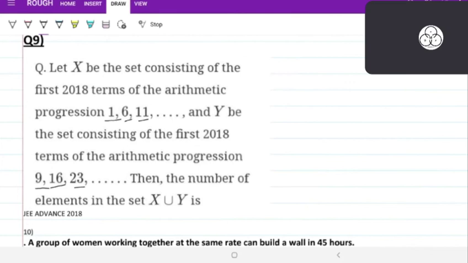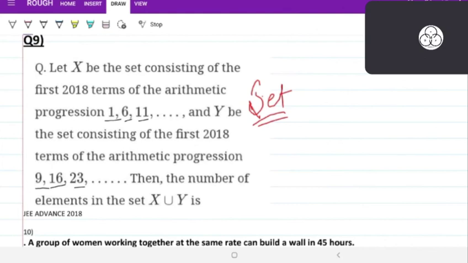Set theory is also not yet covered. Better leave this question for set theory classes. I will take your set theory classes because set theory is a part of combinatorics. Then we will discuss this question. That would be very good.